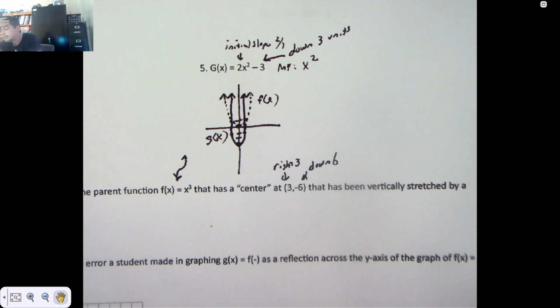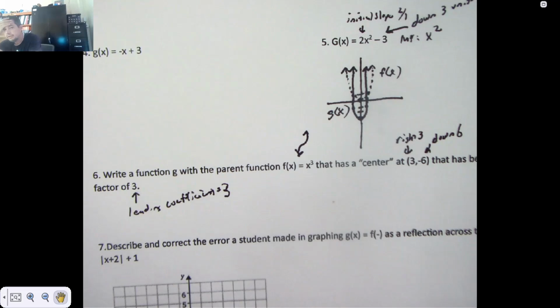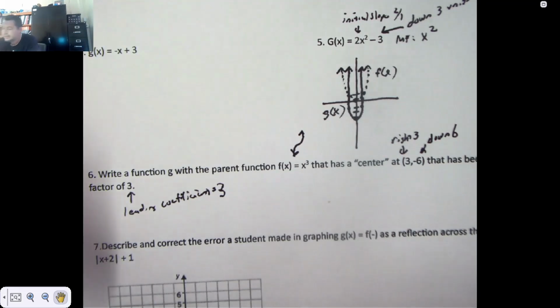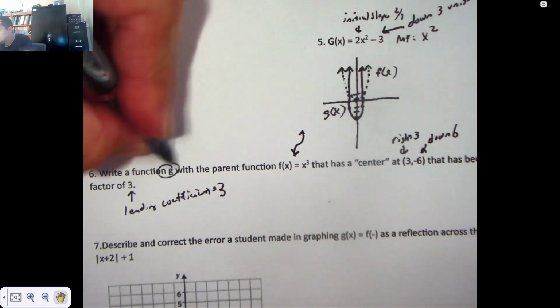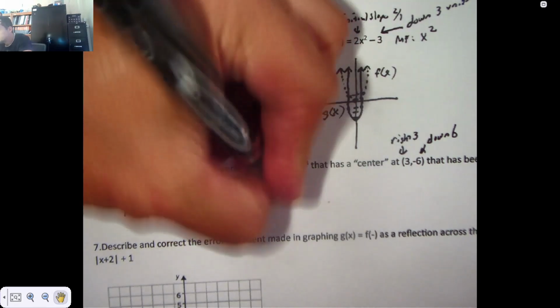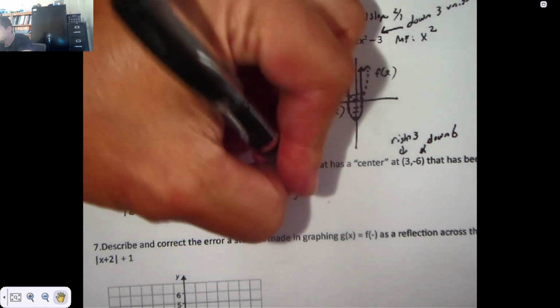Vertically stretched by a factor of 3, so the leading coefficient is equal to 3. And I know you can't see that, but I wrote leading coefficient equal to 3. And think about where we've been putting stuff. It says function g, by the way, so g is a function of x. Leading coefficient is 3.